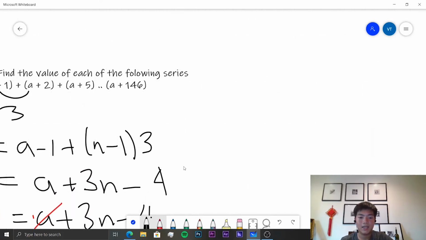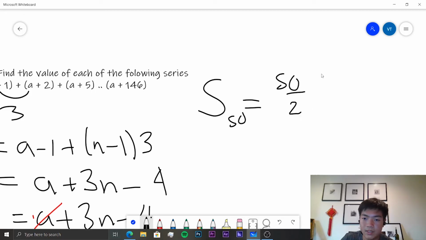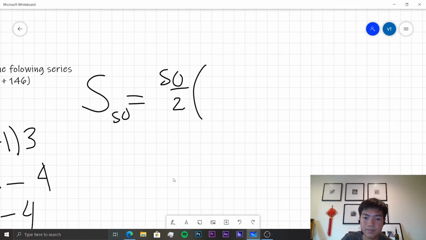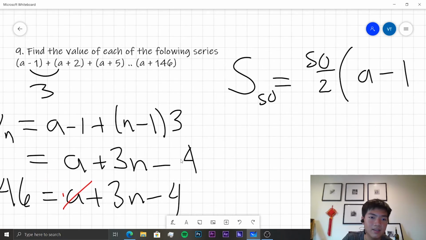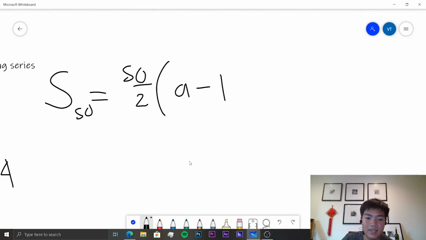Since we have the first term and the last term already, we might as well put the sum of the first 50 terms is equal to 50 divided by 2 times, this is the first term, which is a minus 1, I think. Yeah. And then the last term is a plus 146.